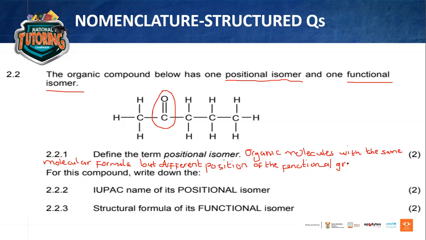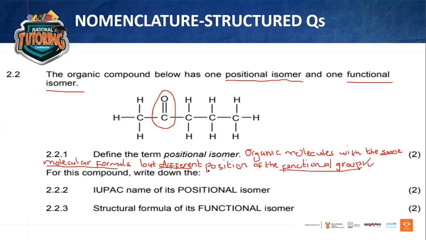And this definition makes it easy for you to work with positional isomers. Right. My dear learners, quickly examining this definition, they must have the same molecular formula, but the position of the functional groups must be different.